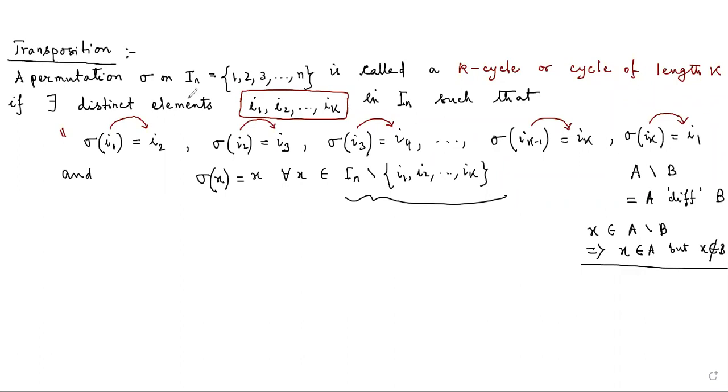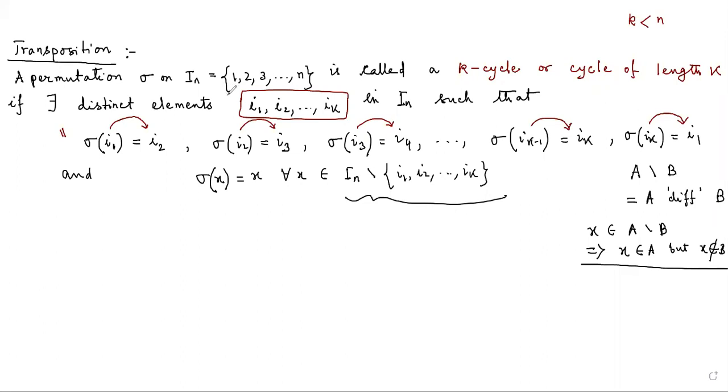And remember, these I1, I2, ..., Ik are distinct elements, and these are nothing but any of the elements present in In. So if you consider that small k is less than n, say for example, n is 100, I can consider 50 elements which, when taken together, form a cycle.